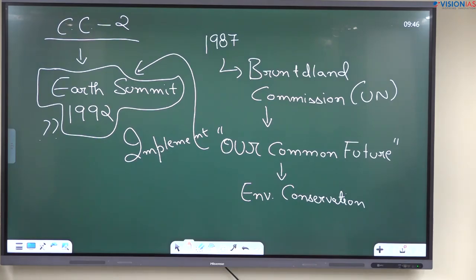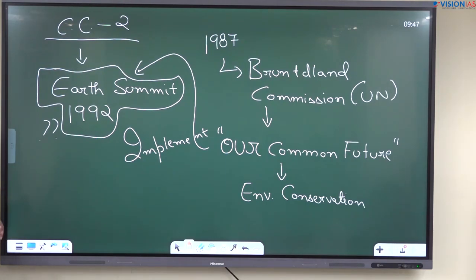Countries started to discuss environment, conservation of forest and biodiversity. Before this, there were agreements, there were conferences, but not this big. This was a very big event in the field of environment.